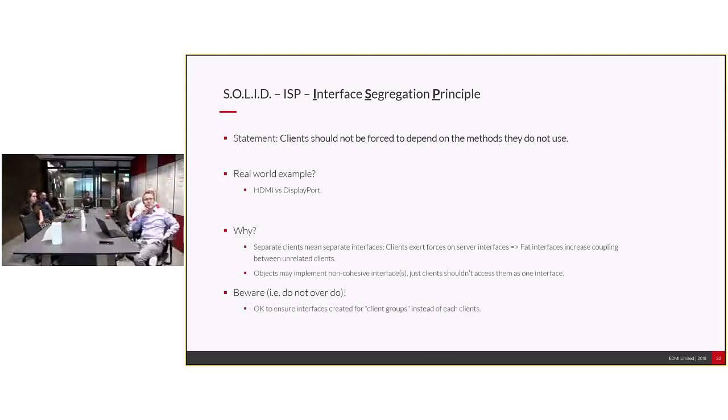Again, don't overdo it. It's okay to say client groups instead of each client. Sorry, I'm not able to give examples with the EDMI code base because I'm not familiar with the code base or the design yet, but if you want to stop me and give an example from the EDMI system, I'm happy to pause.